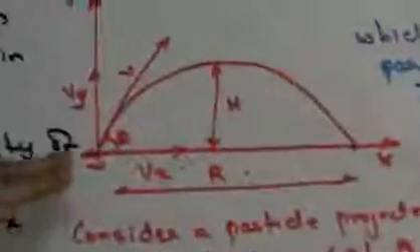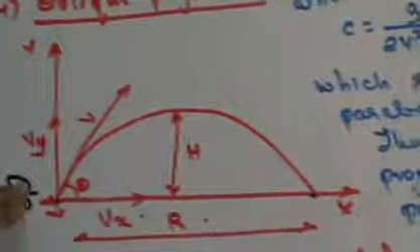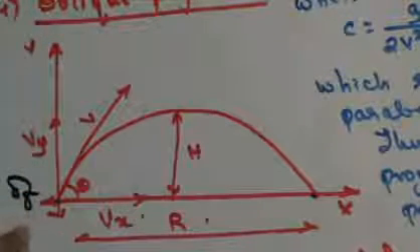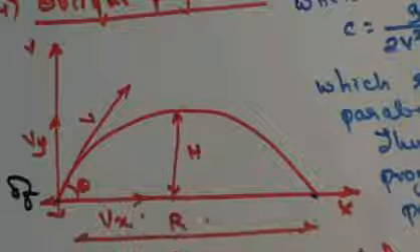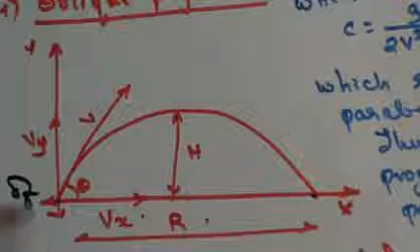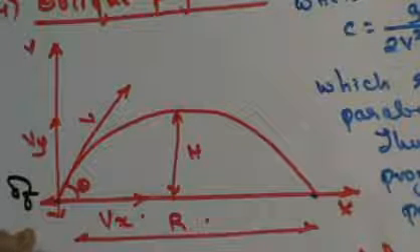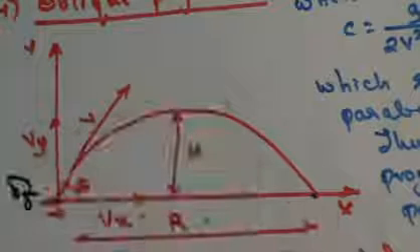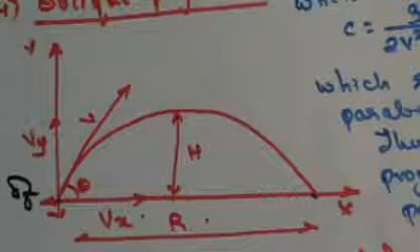Let's look at this diagram. What is time of flight? Once I release the projectile from here, how much time will it take to go from here and come back to the same position here? How much time will it take to leave from here and come back to this position, in the same plane? That is called time of flight.